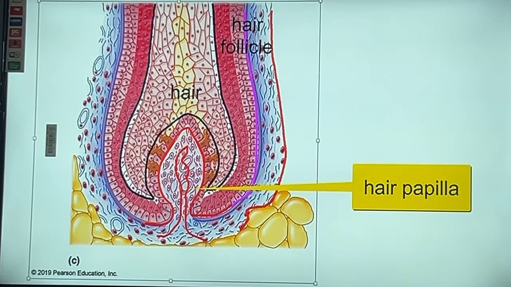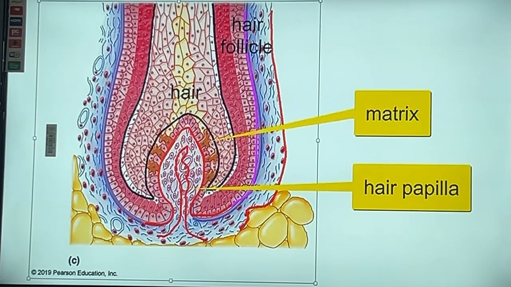The bottom of the hair follicle that we're looking at is known as the bulb, and when we take a look at the cells that are surrounding the hair papilla, these cells that surround that area are very active cells. It's known as the matrix, and the matrix is an area of rapid mitosis.